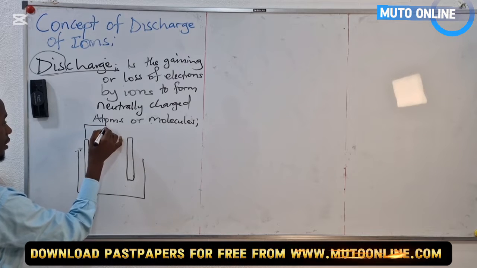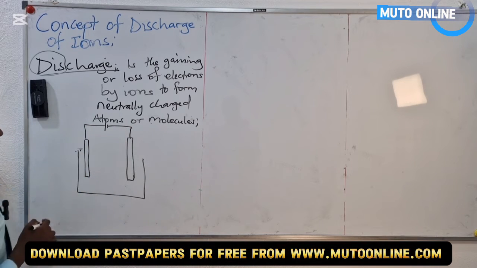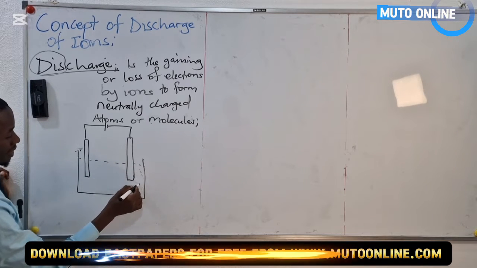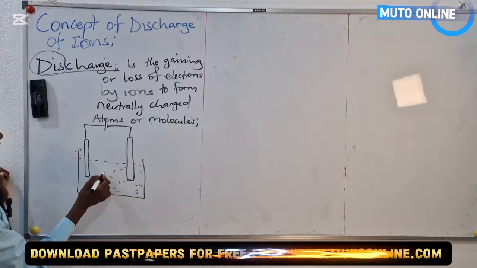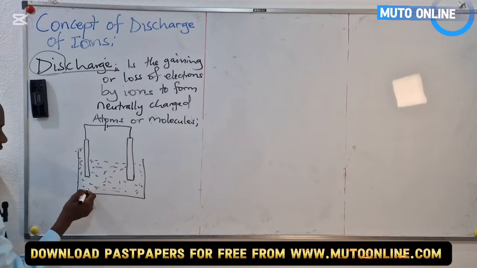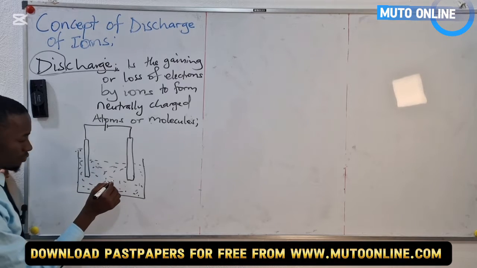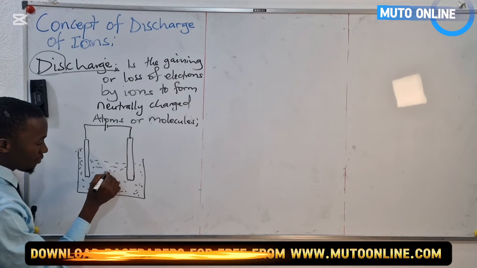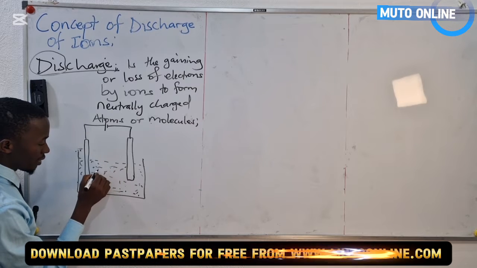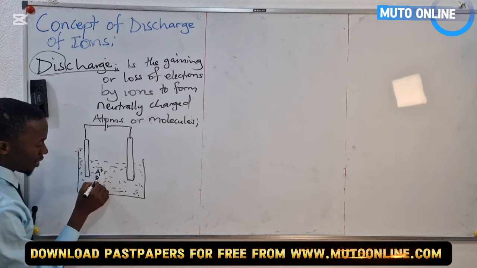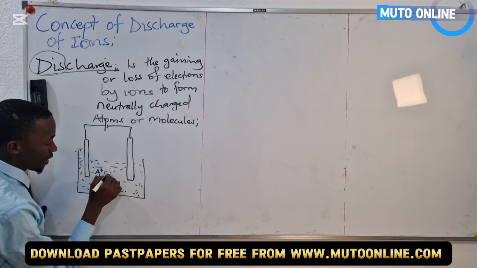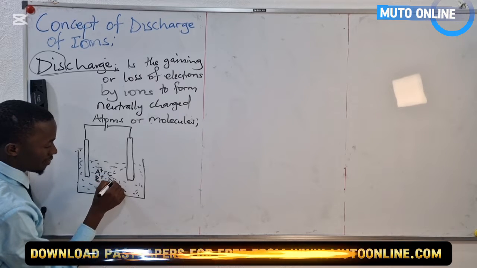The electrodes are connected to an electric circuit, and the electrodes are partially immersed in an electrolyte that is either molten or aqueous. Let us take one that is molten. Let us assume in this electrolyte we have two positively charged ions, A and B, and two negatively charged ions, C and D.